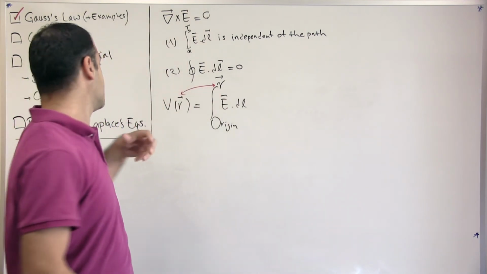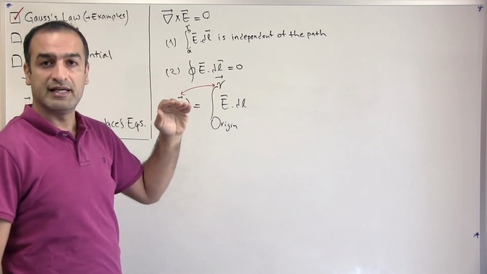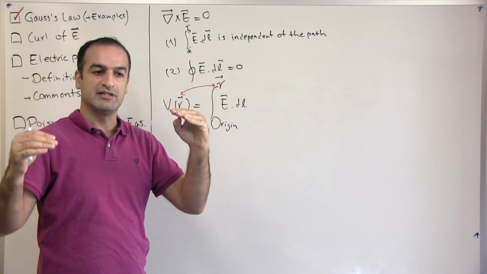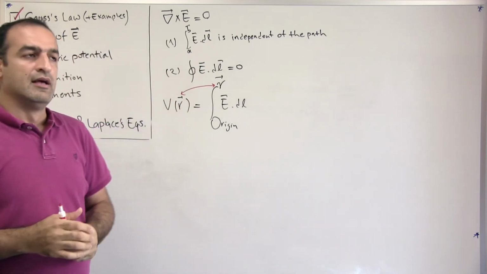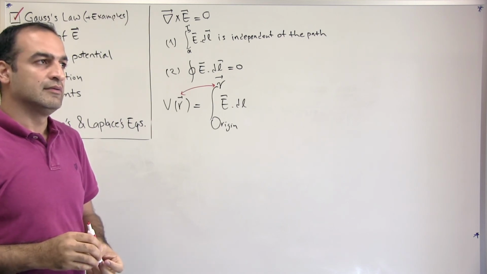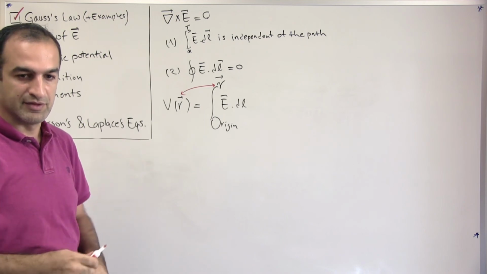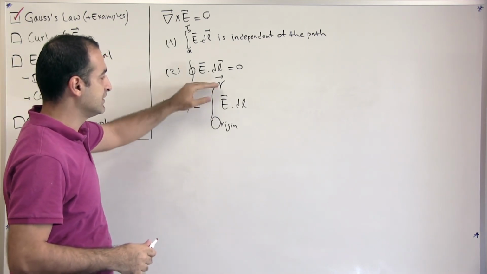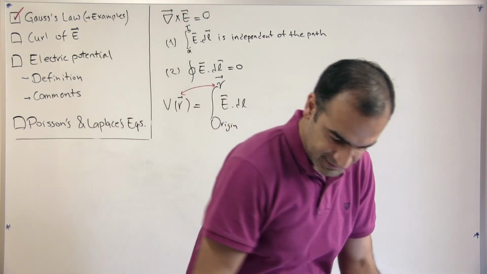Later we're going to discuss that the value of the electric potential is not that important. What is important is how much the potential changes if you go from one point to another. But most of the time we use infinity as the origin for the potential. So if you're integrating something like this, you're integrating from infinity to this point. So I'm going to define potential like that.